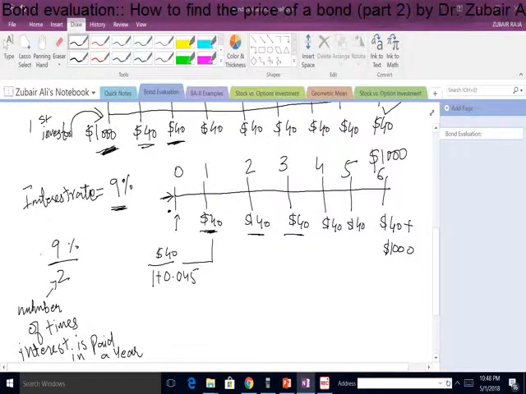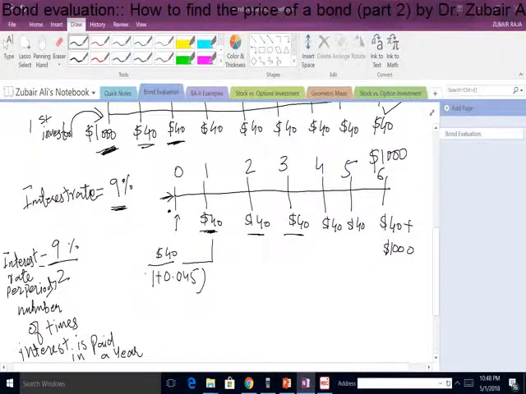So this will give actually the interest rate per period. And remember, the period is 6 months over here. So 9% divided by 2 will give you 4.5%, and if you divide it by 100 in order to get into decimals, it will give 0.045.